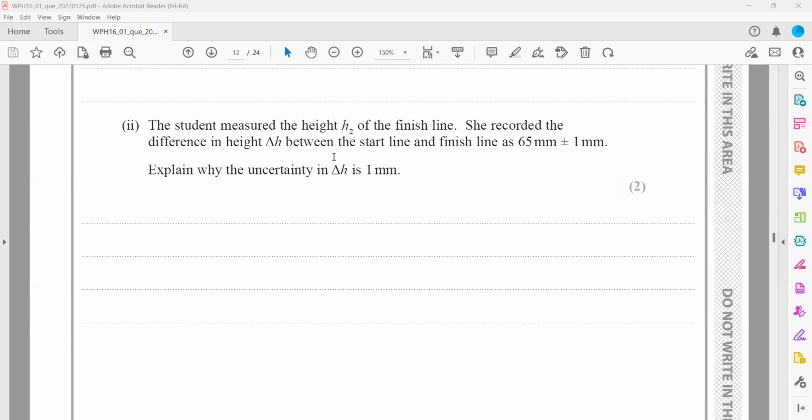Then the student measured the height H2 at a finish line, and she recorded the difference in the height between the starting line and the finish line, which is 65 millimeter plus or minus 1. Now, how to work out the uncertainty in the change, delta H?